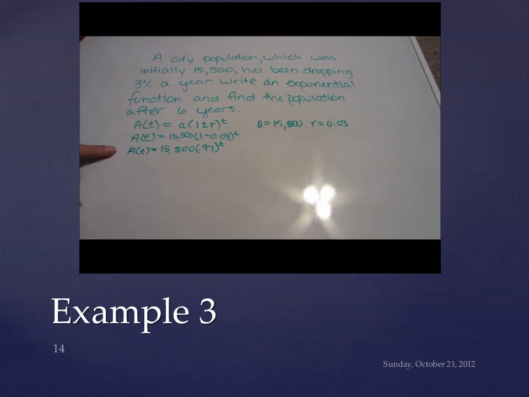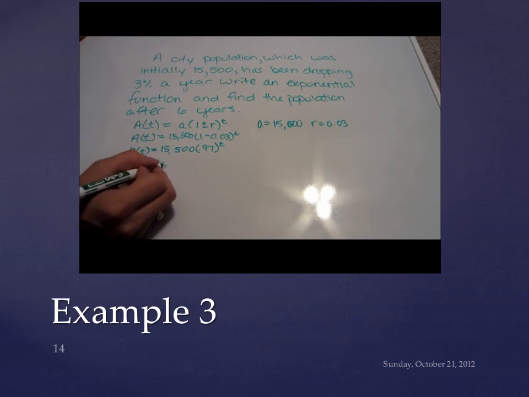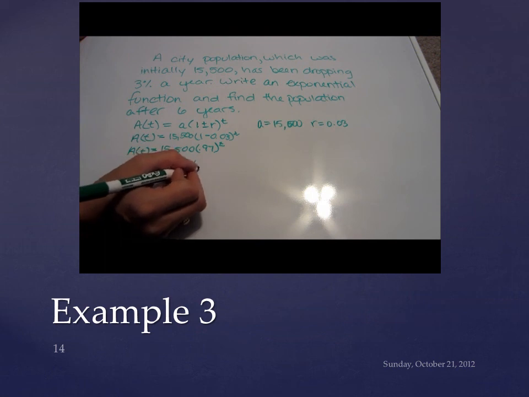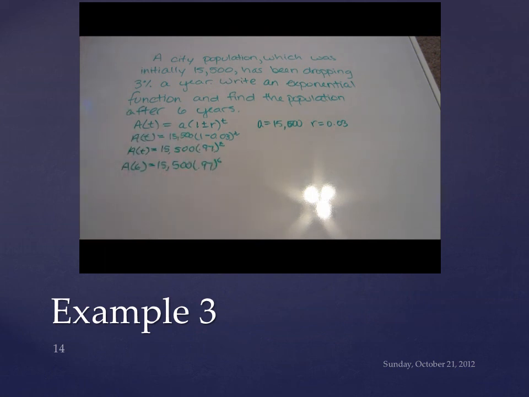Now, this is our function, and we want to know after 6 years, so t equal to 6, what is our population? So we plug in 6 for t. So we get 15,500 times 0.97 to the 6th power.